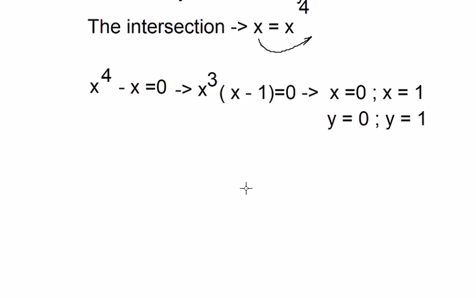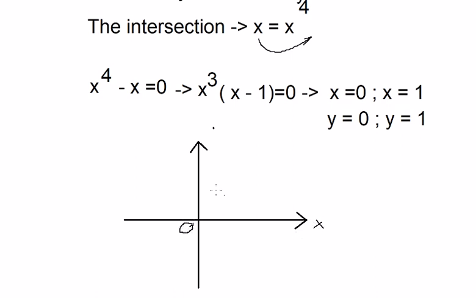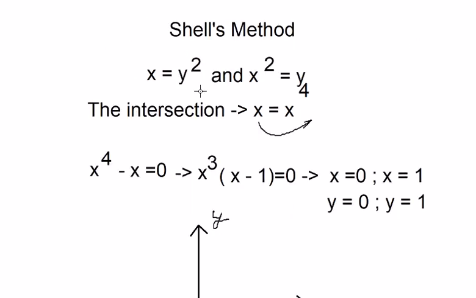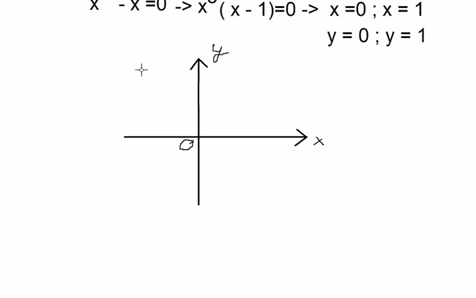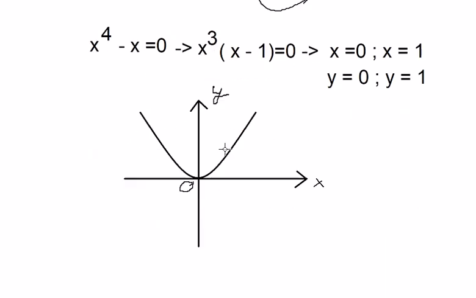So we can graph the function in here. We have the origin in here, we have x and we have y. The graph of this function should be like this, and the graph of this function should be like this.